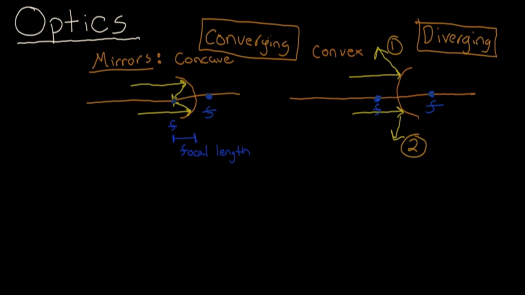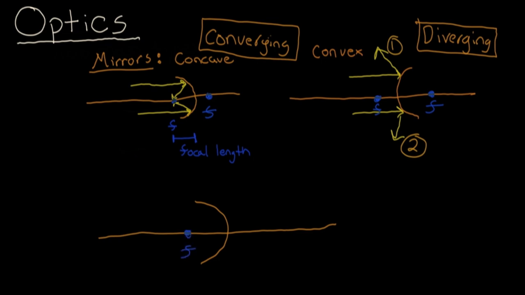Something that's also important about mirrors is that they have a radius of curvature that's very unique to mirrors. So let me draw out another principal axis, and let's just say we have a concave mirror here with our blue focal point here.